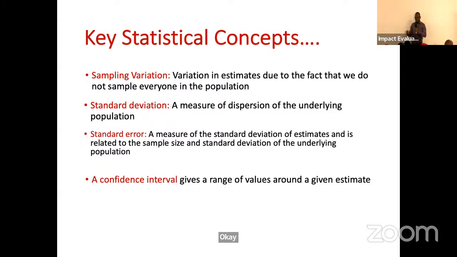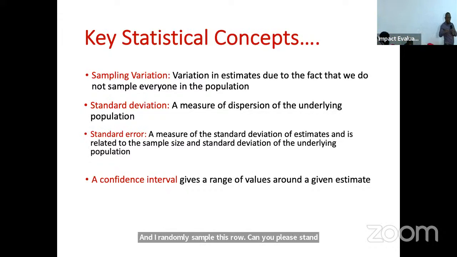I'm going to ask some people to stand and then someone to measure their height by eyes. I take a dice and I randomly sample this row. Can you please stand? Just please stand so that people can understand. Let's see the average height here.